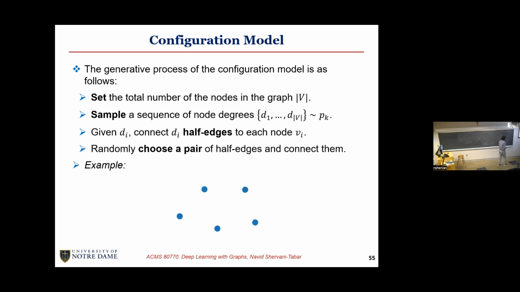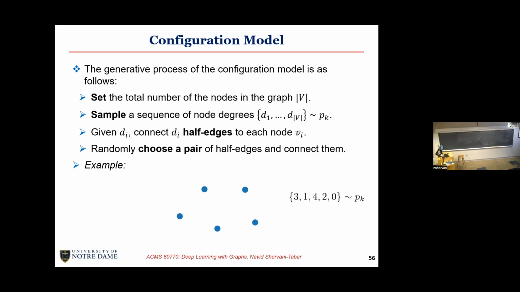So let's look at an example. Let's say that I have 5 nodes here. First of all, I sample a sequence of degrees corresponding to different nodes in this graph. For instance, node V1 is connected to 3, so it has 3 edges.